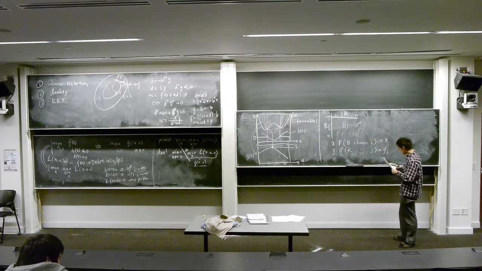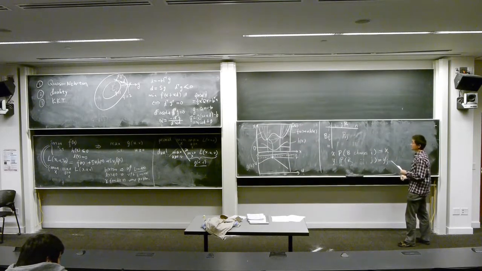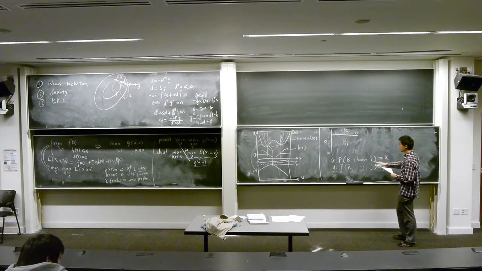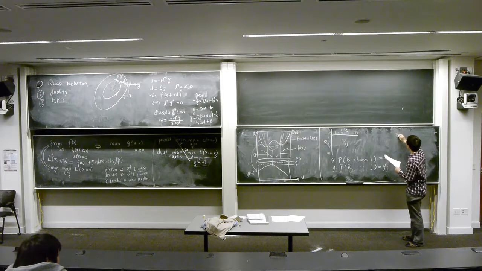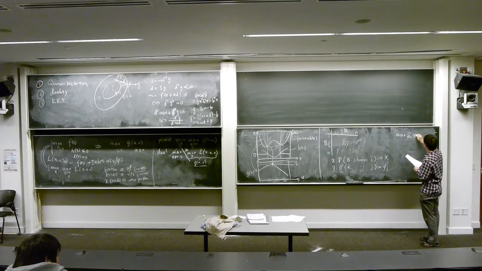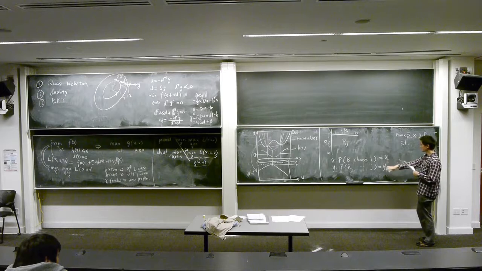So, for example, if Barnabas has already chosen a strategy x, then Ryan will maximize the sum of x_i y_j P_ij, subject to y being a probability distribution.